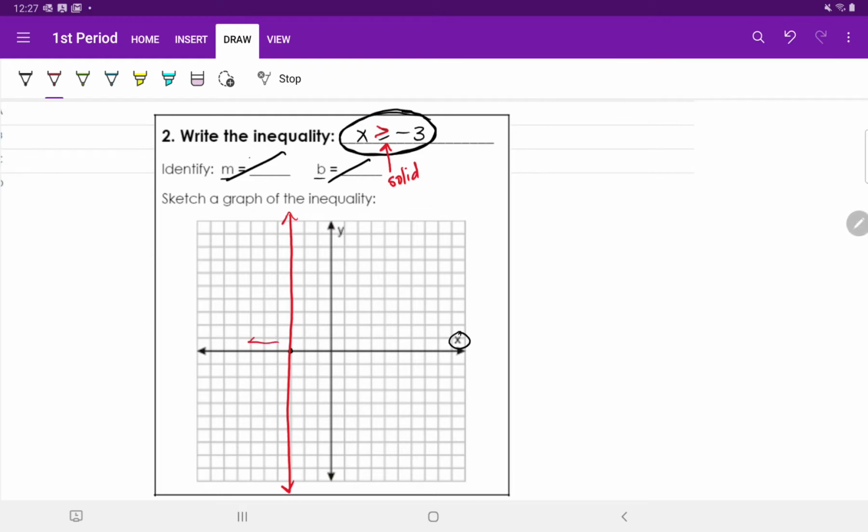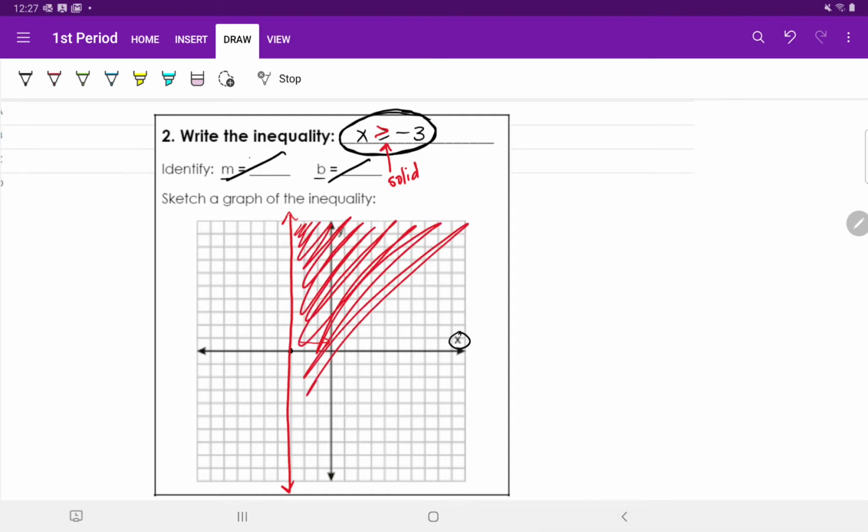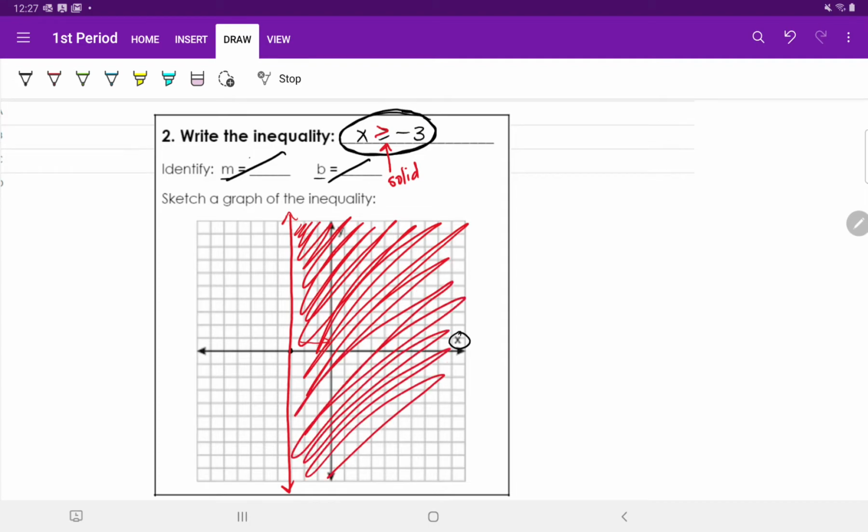If we go this way, we're going down toward the negatives. If we go this way, we're going up toward the positives. So to do greater than, we want to go up toward the positives. So we're going to shade this side of our graph. Beautiful shading, I know.